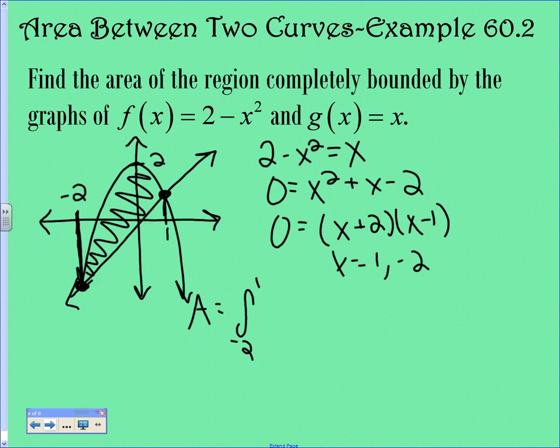Which graph is on top? The parabola. Okay, good. So 2 minus x squared minus the one on bottom, which is x.